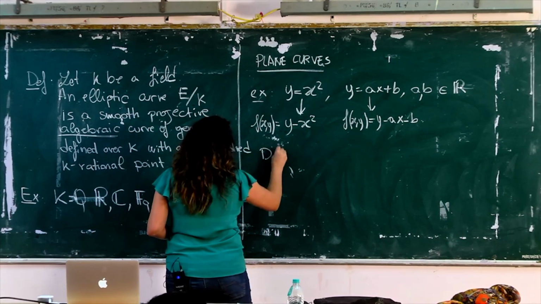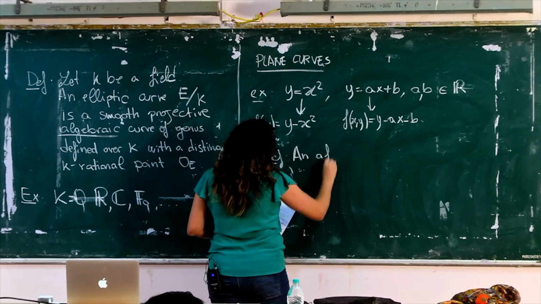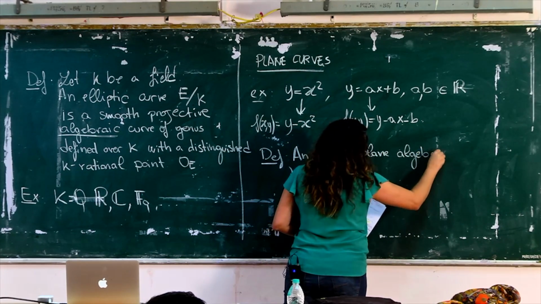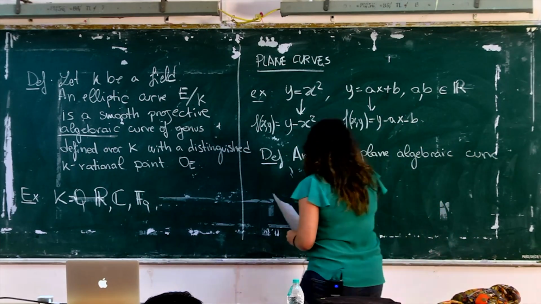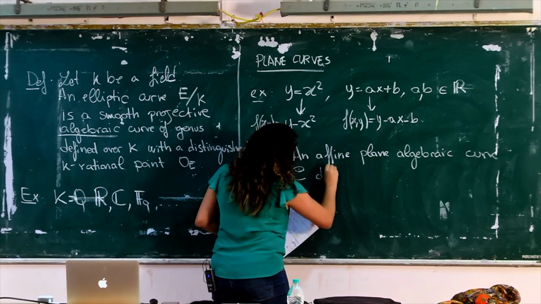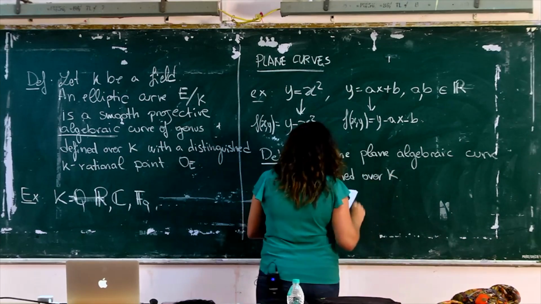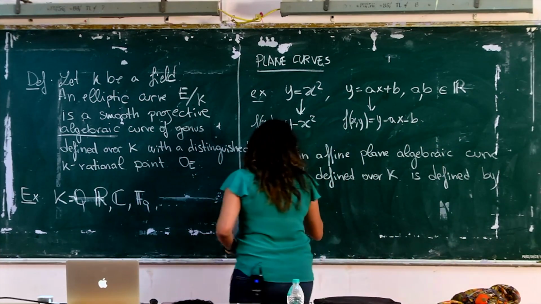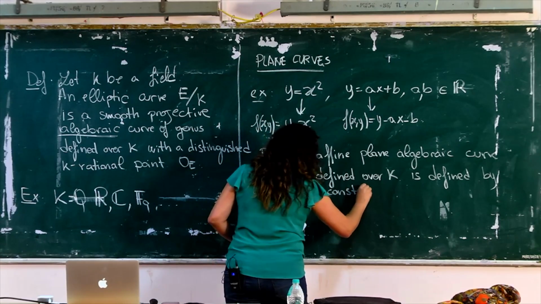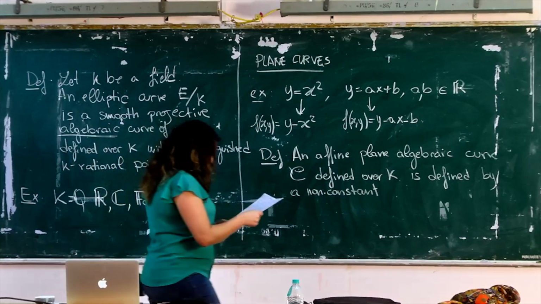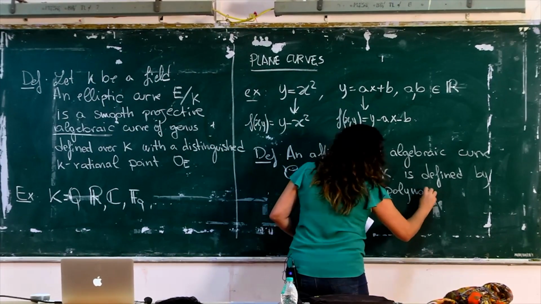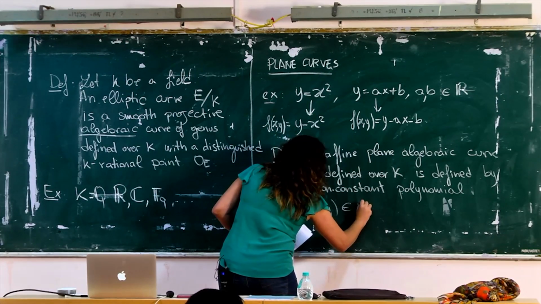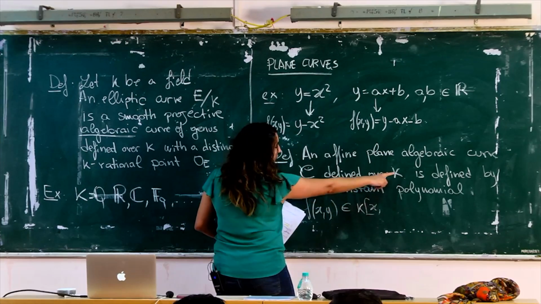So definition: an affine plane algebraic curve, let us denote it C for curve, defined over K, is defined by a non-constant polynomial in two variables, so it is f of x, y, with coefficients in the field where we are defining our curve.